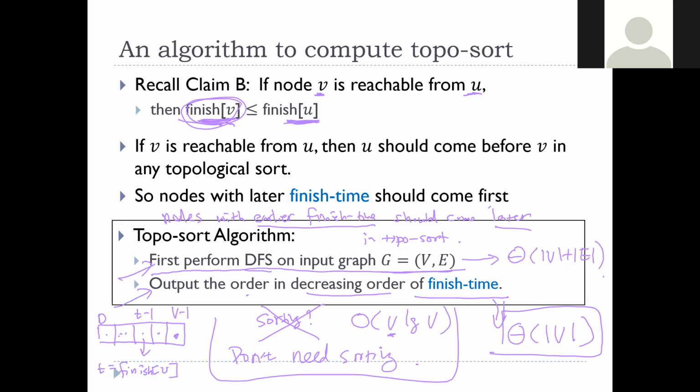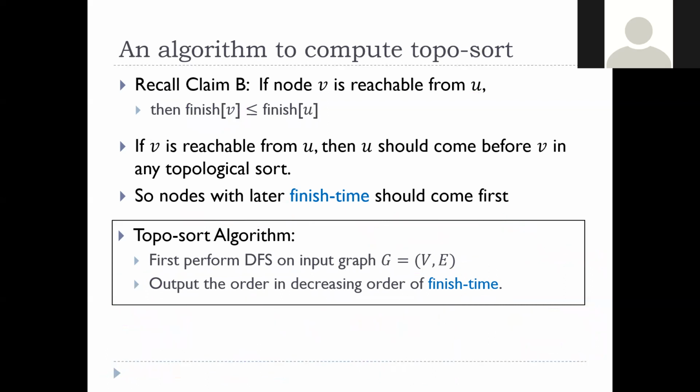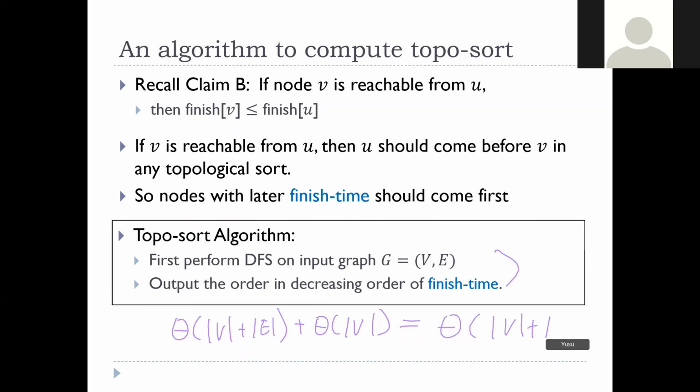That's it. So the total time complexity is V plus E plus linear of a node, which is still order of V plus E. Again, whenever we have a graph and the time complexity is V plus E, this is basically optimal, because this is the size of the graph, both the number of nodes and edges.